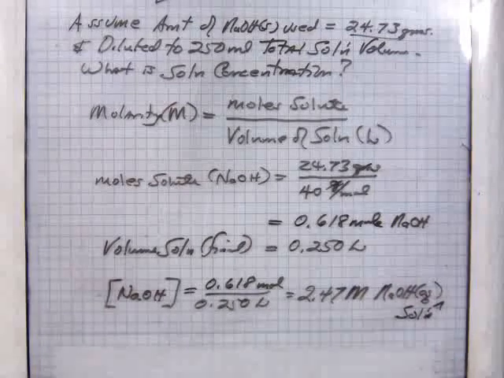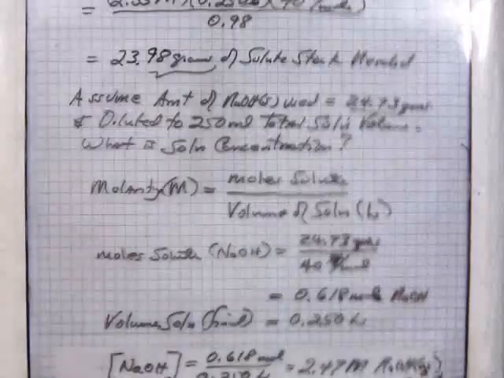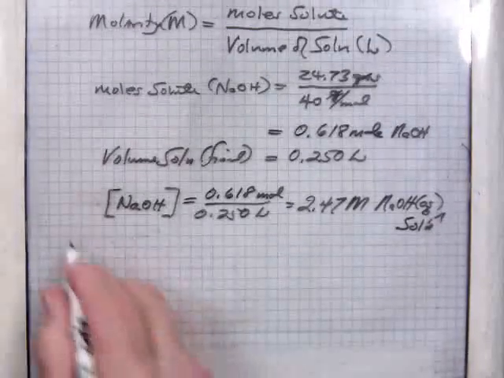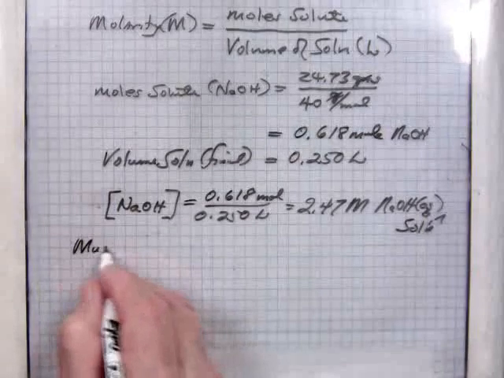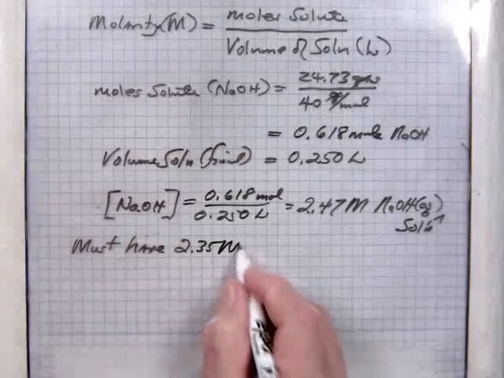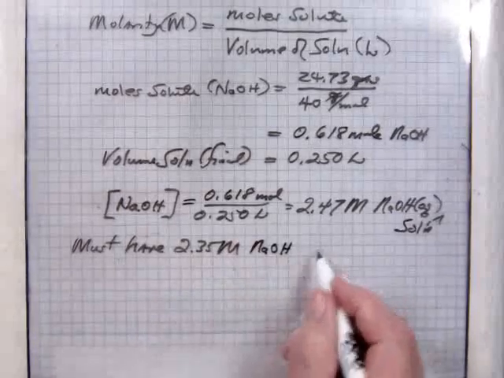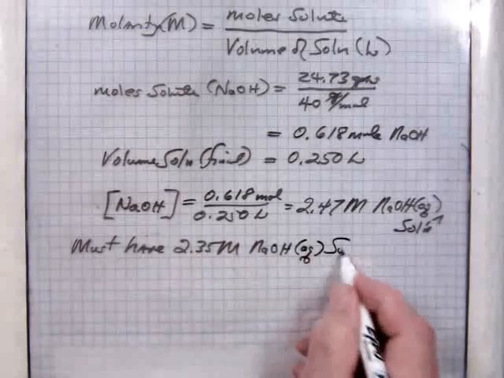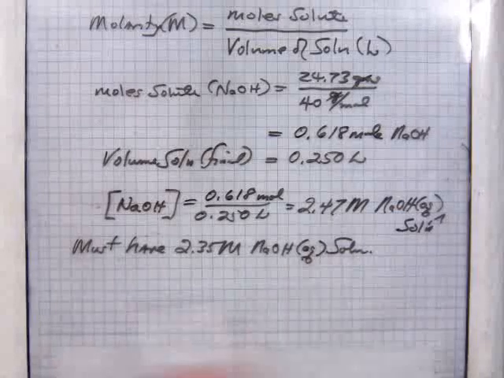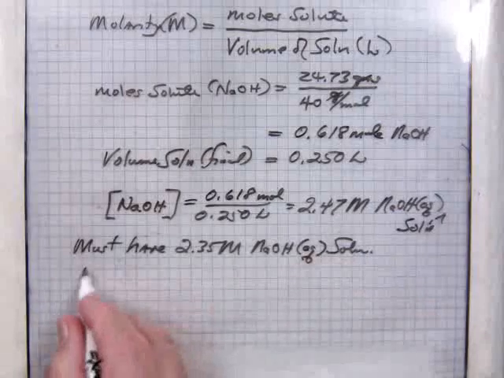Now, let's say you have to have it at a 2.35 molar. And you need to dilute that from 2.47 to 2.35.